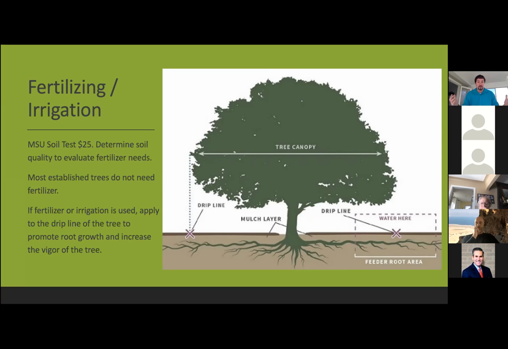And you're going to want to make sure that probably for a year or two, maybe even three growing seasons, you keep that tree well watered. But if you're looking out at your established oak trees or your maple trees along the street, those trees are not going to be typically candidates for intensive fertilizing programs or supplemental irrigation unless we're in a record drought.